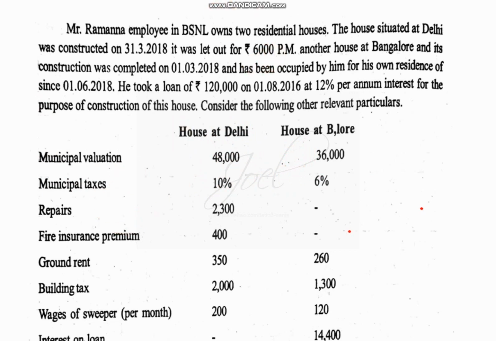Then municipal taxes are given, one at 10% on 48,000 and one more at 6% on 36,000. Since it is a self-occupied house property, annual value will be nil. If it is let out, then only we have to consider this information.